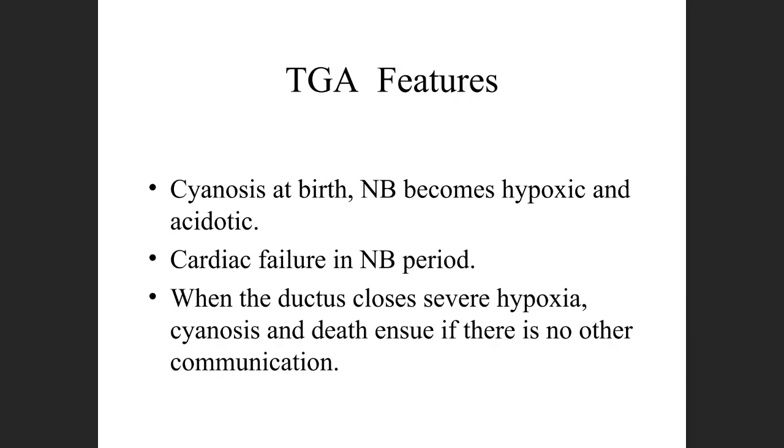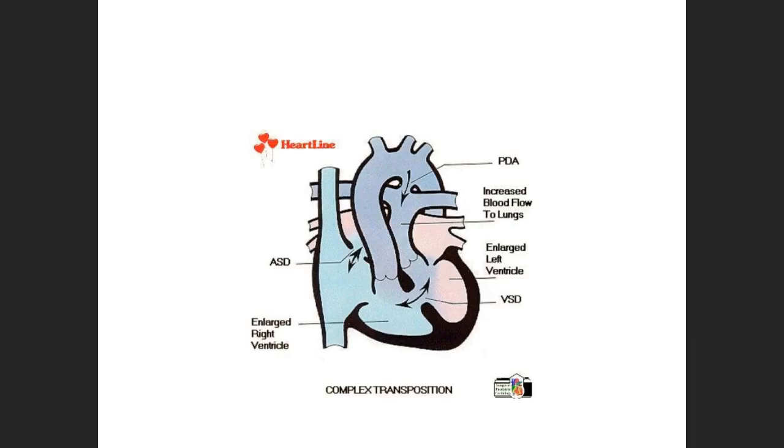So if there is no communication between pulmonary and systemic circulation, that is not a situation which is compatible with life. In complex transposition, after birth, there may be communications that exist.